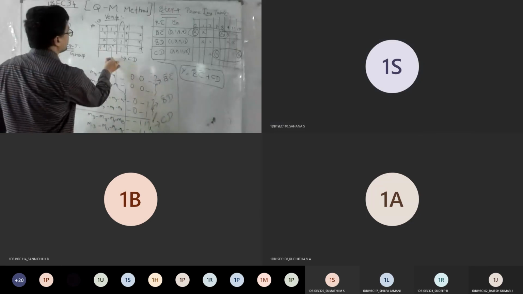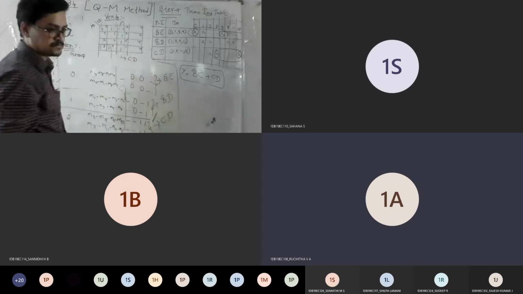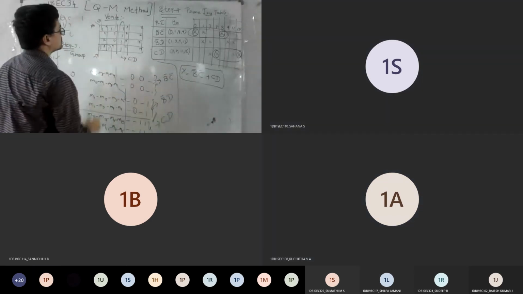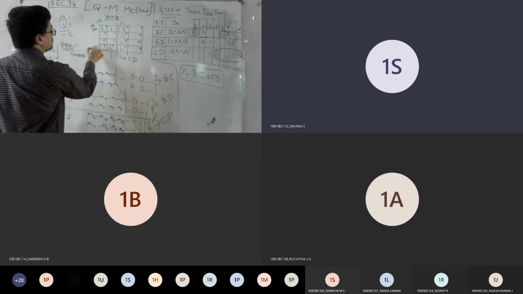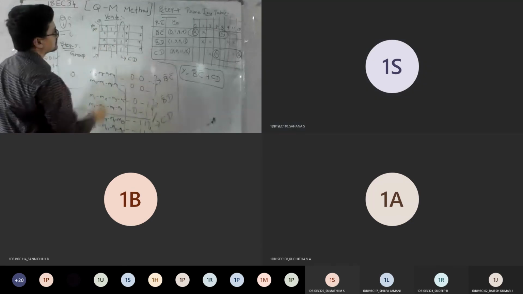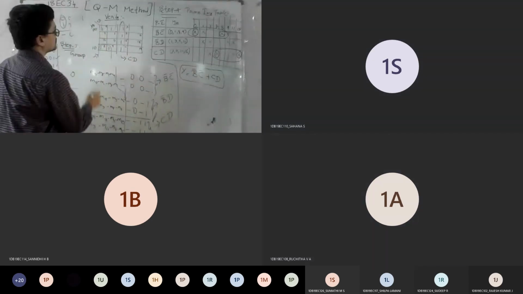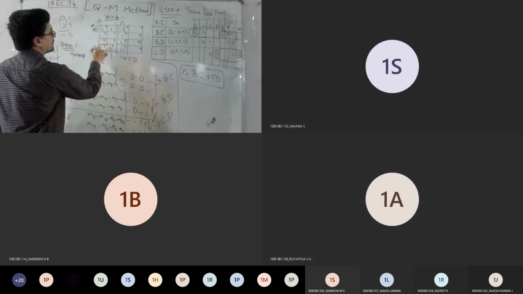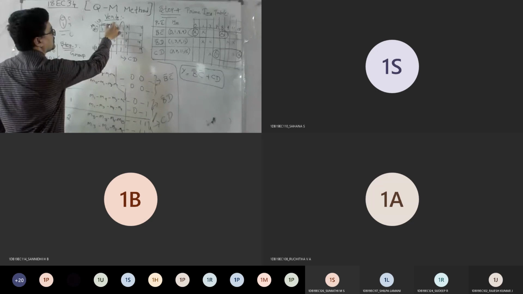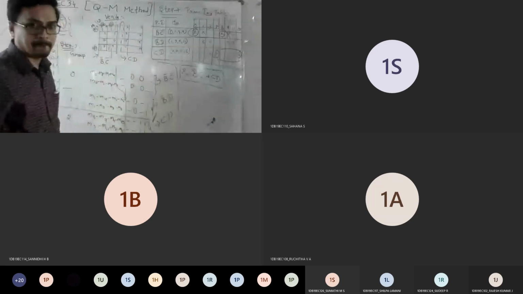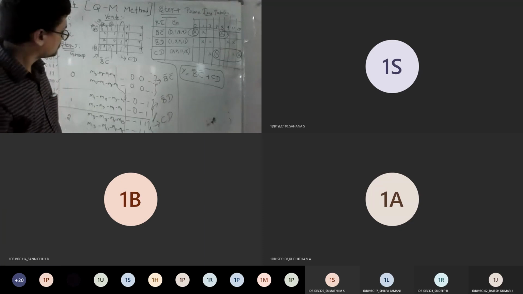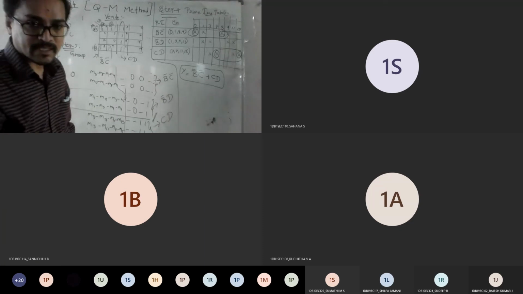Can you take 8, 9, 0, 1 as a quad? Correct? So what is this answer now? This is 0, 0, this is 1, 0. So the common term from here to here: from this I can take B bar common, and from this I can take C bar common. Agree? Everyone got what I wrote here? Is it fine?